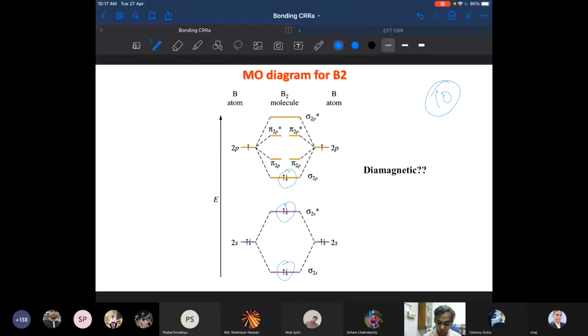Yes, sir. 4 electrons go to the 1s orbital. Here I have 2, 4, 6, and then 4 here, totally 10. For me, it is diamagnetic. I don't know how you got paramagnetic. It's puzzling, right? Is it really diamagnetic?